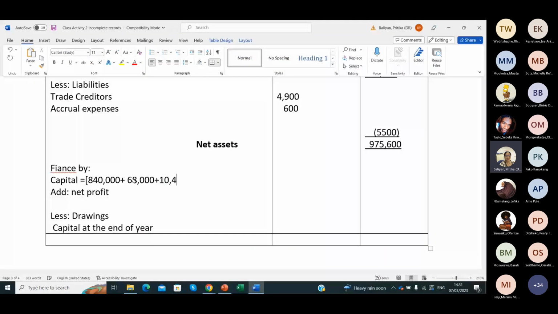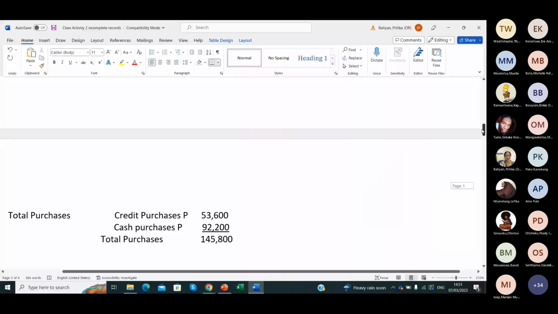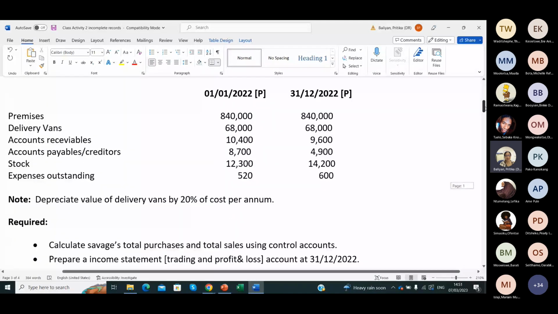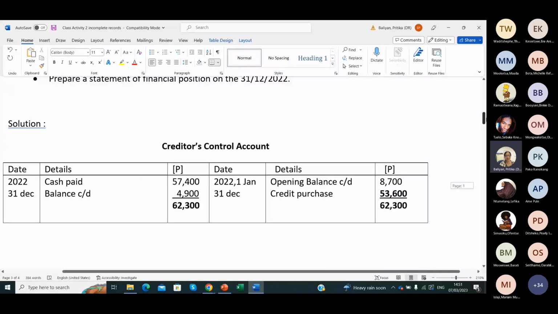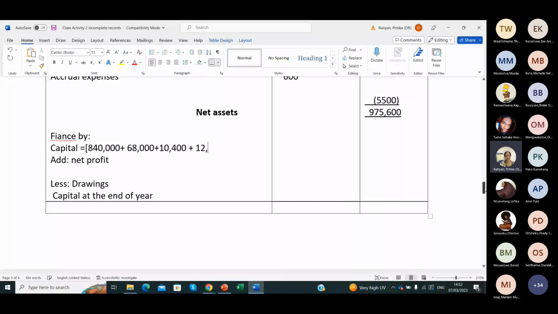Then we also add other assets, the current assets: account receivable, stock 12,300 and 7,300. 12,300 plus the opening balance of cash, right?